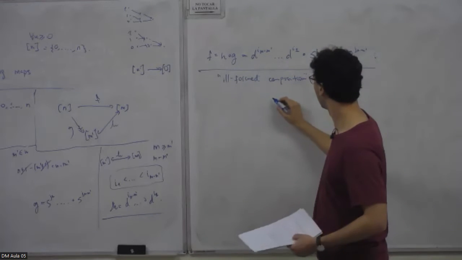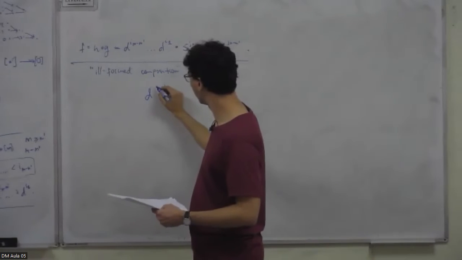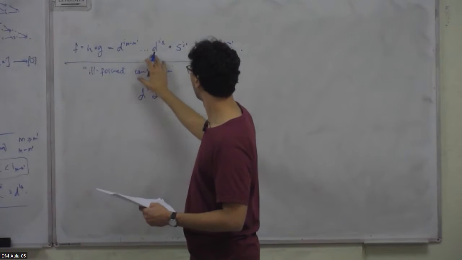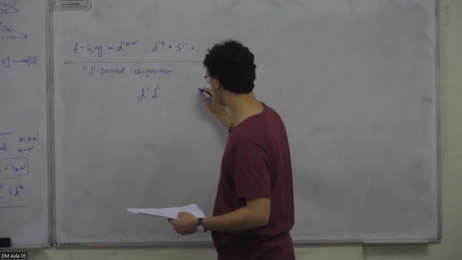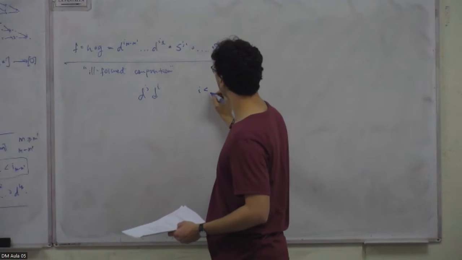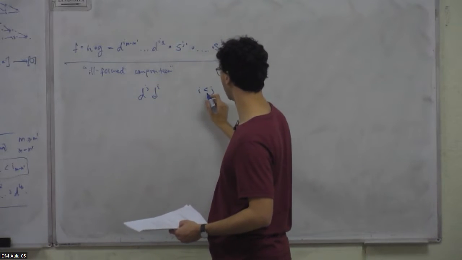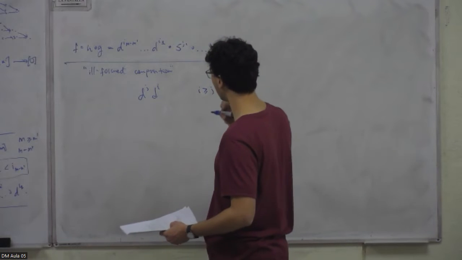These are the three cases I want to consider. So, for example, the right order for the d's would be the increasing order. That is to say, this would not be ill-formed. This would be its own canonical presentation if i was smaller than j. So let's say that this doesn't happen, so that i is greater or equal than j.